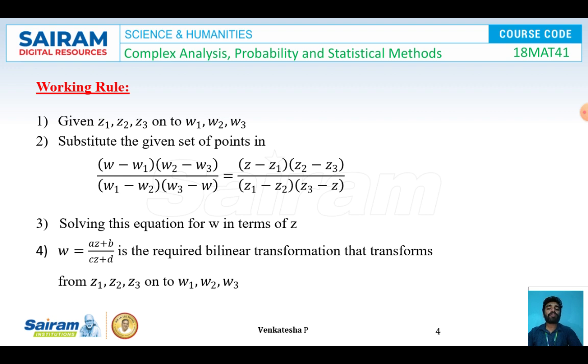Now we have to solve this equation after replacing the points to get W in terms of Z. So the equation will be of the form W = (AZ + B) / (CZ + D), and this is called a bilinear transformation, and that transforms the points Z1, Z2, Z3 onto W1, W2, W3.